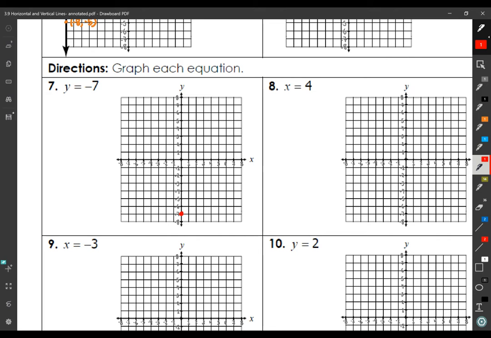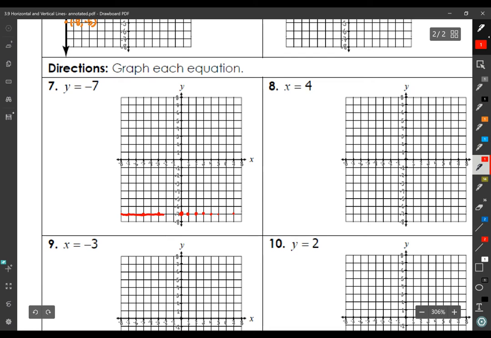And I'm going to make sure every single point I pick has a y value equal to -7. So for example, this point is 1, comma -7, 2, comma -7, 3, comma -7, and so on and so on.